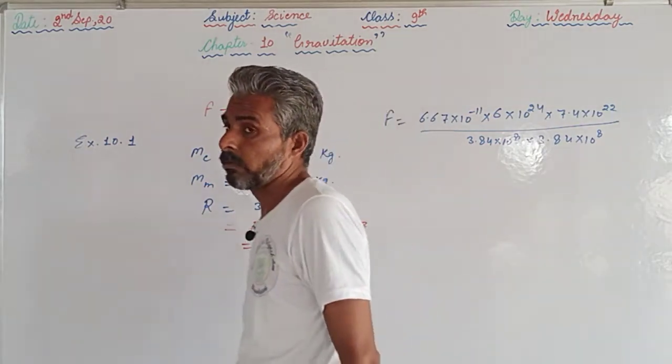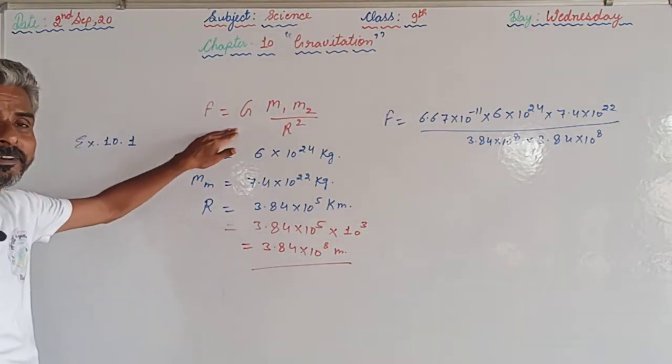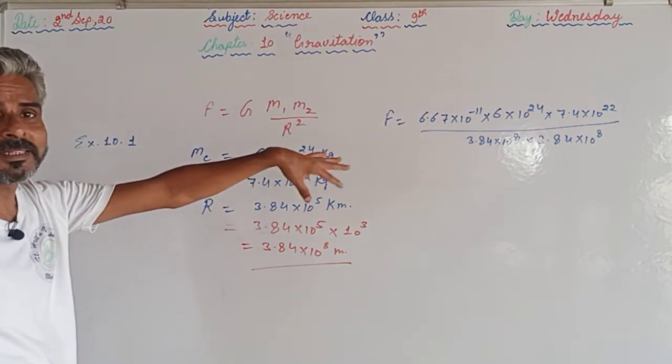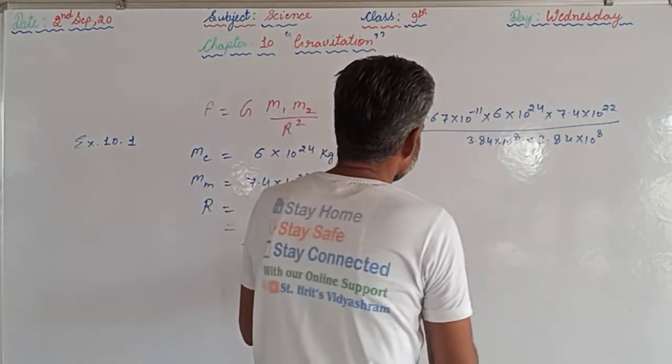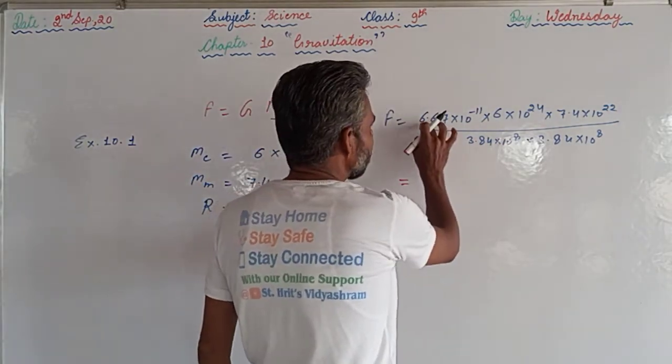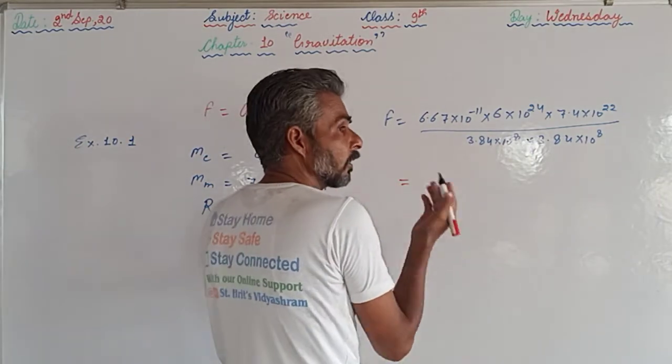So how to solve? The main concern is that you can understand the formula, you can substitute the values, but how to solve these complicated calculations? So what we will do, we will segregate the exponential terms and the remaining terms.